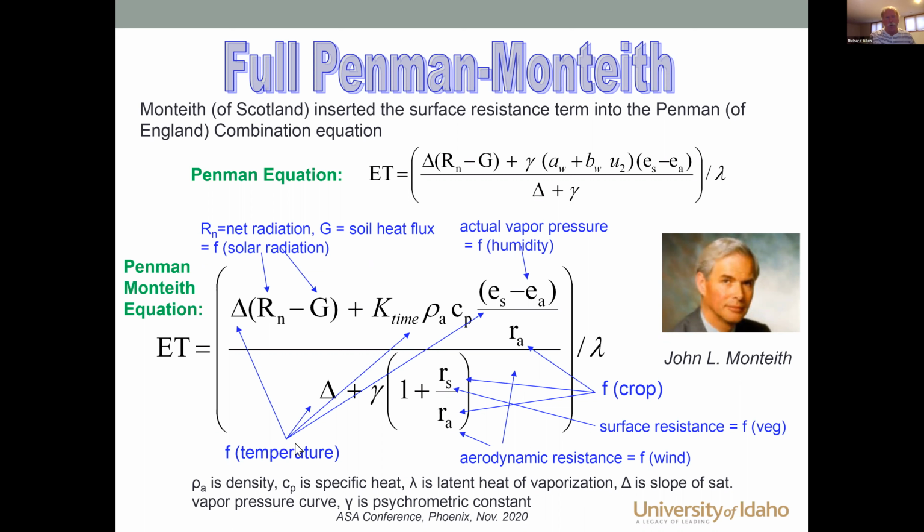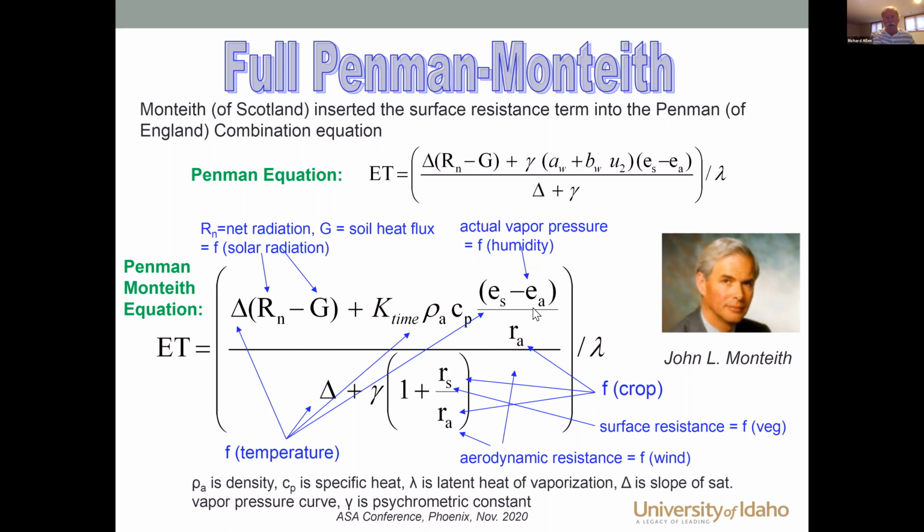Then the other weather parameter we require in the Penman-Monteith is air temperature, and it's used in 4 or 5 different places in the equation to calculate saturation vapor pressure, calculate air density, to calculate the slope of the saturation vapor pressure curve. And then lastly, some type of vapor pressure or humidity term. Here we're looking at an actual vapor pressure expression as used in the Penman-Monteith.